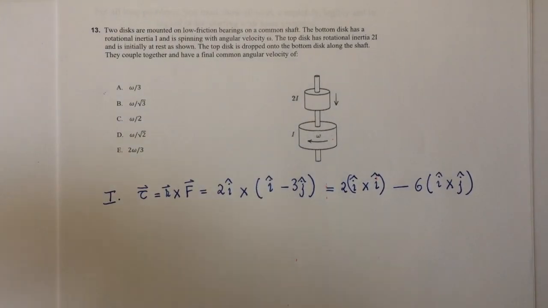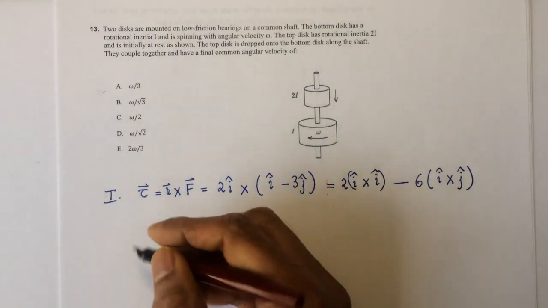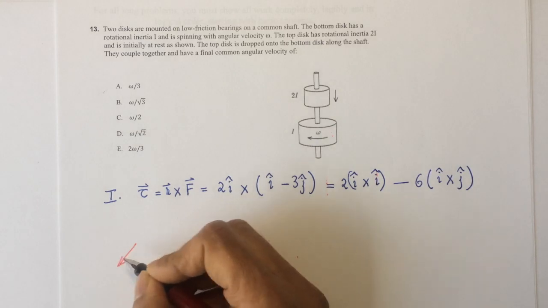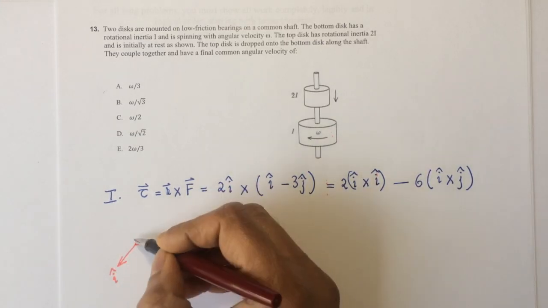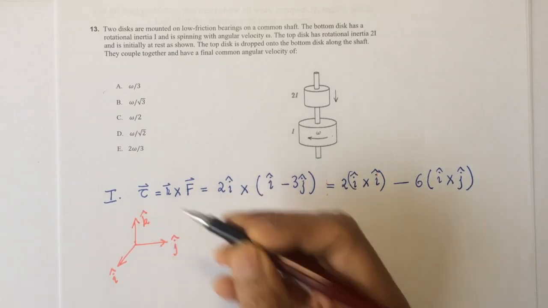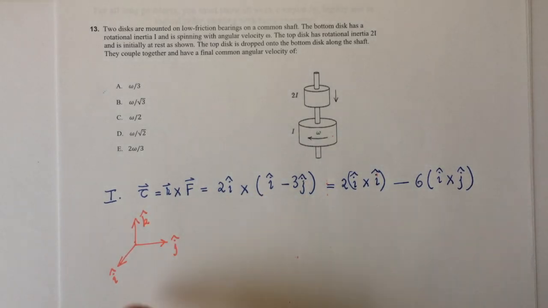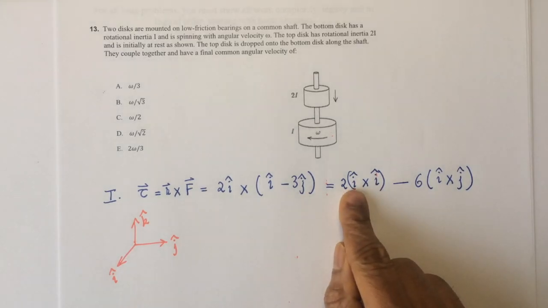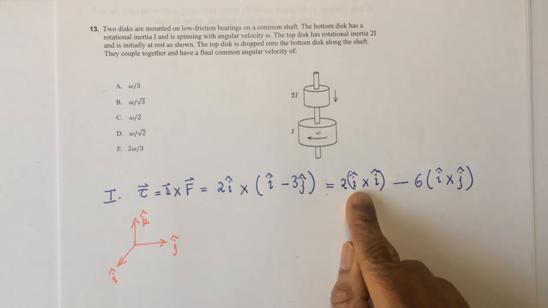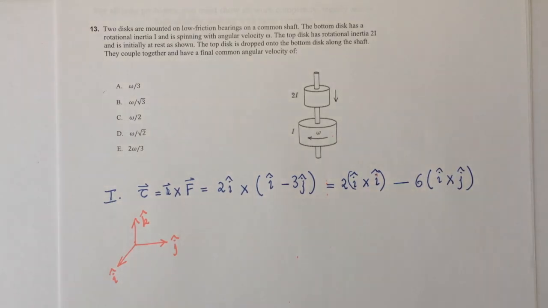Now the thing about i hat and j hat and k hat is that they form a right-handed triple. So i hat, j hat, and k hat are going to be like that. Now when you do i hat cross i hat, it's going to be the magnitude of i hat, which is 1, times the magnitude of i hat, which is 1, times the sine of the angle between the two, which is 0.